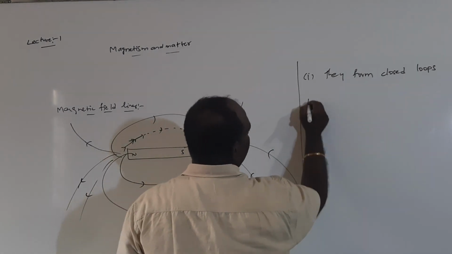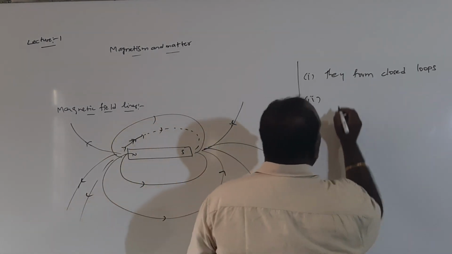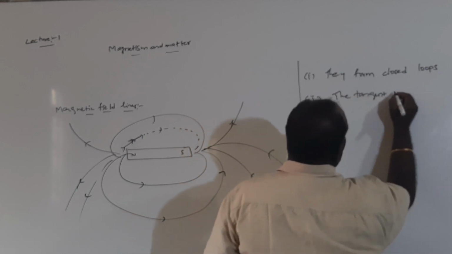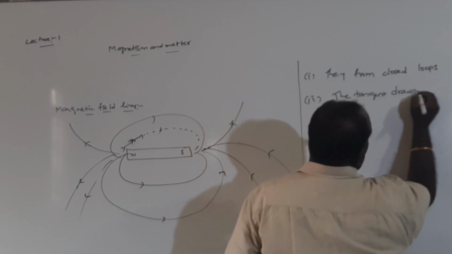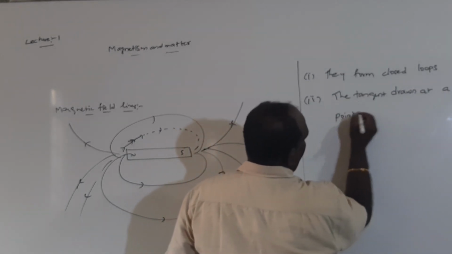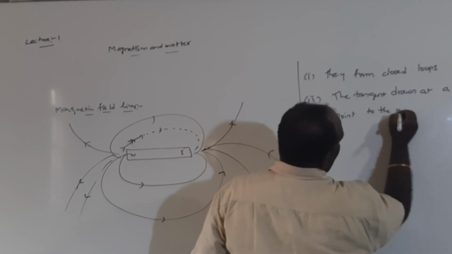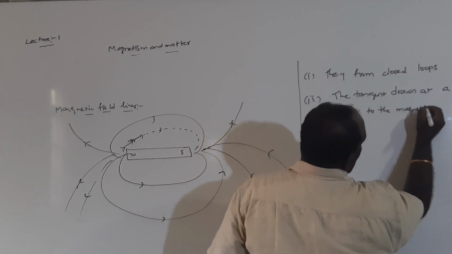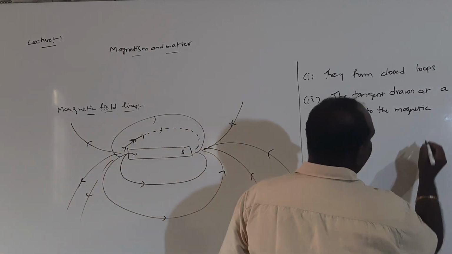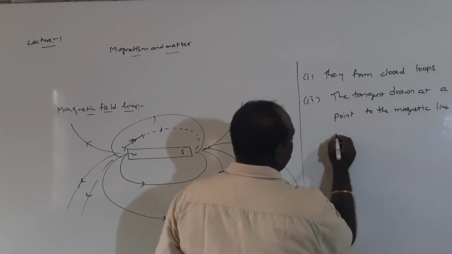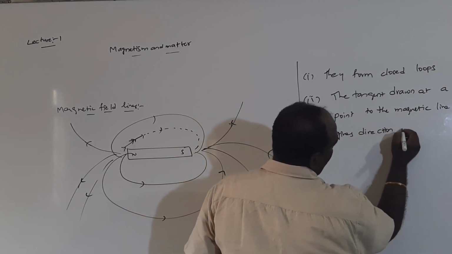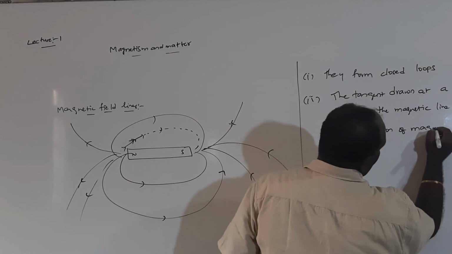Next property: the tangent drawn at a point to the magnetic field line gives the direction of magnetic field.